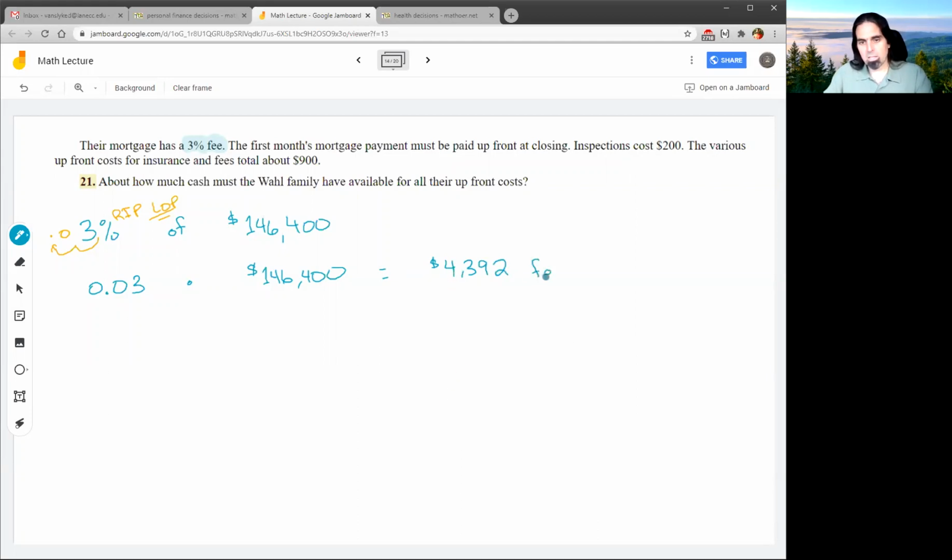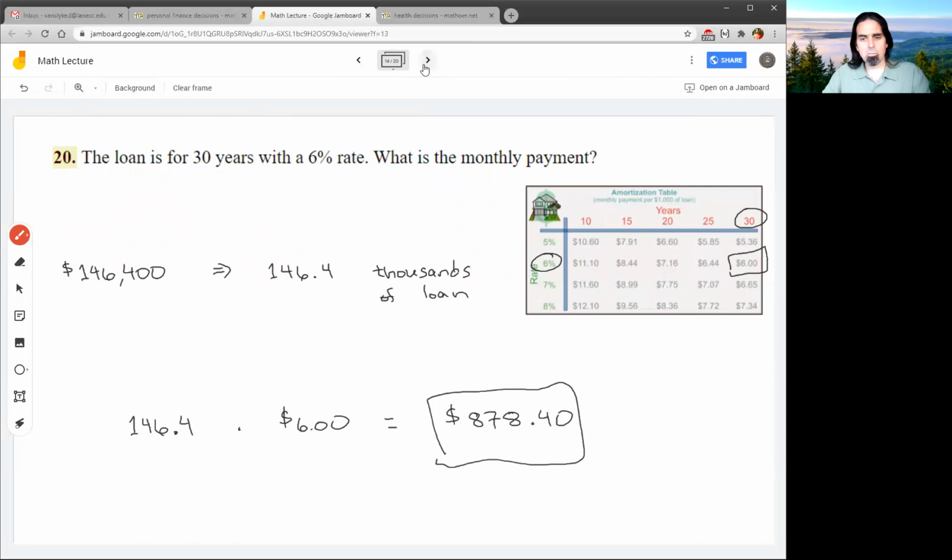Ouch, that's a big fee. The first month's mortgage payment must be paid up front. So that was 878.40.